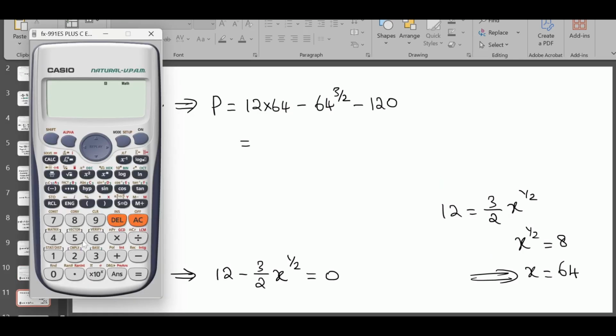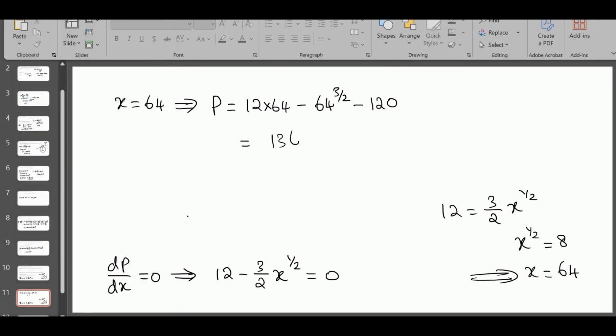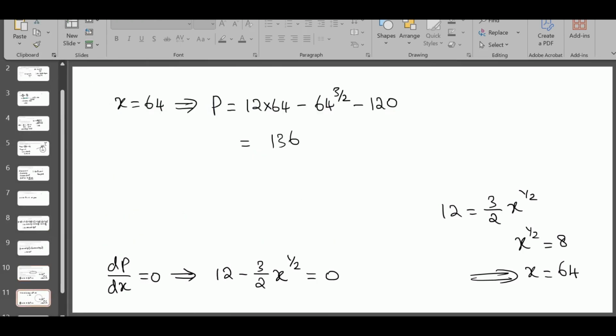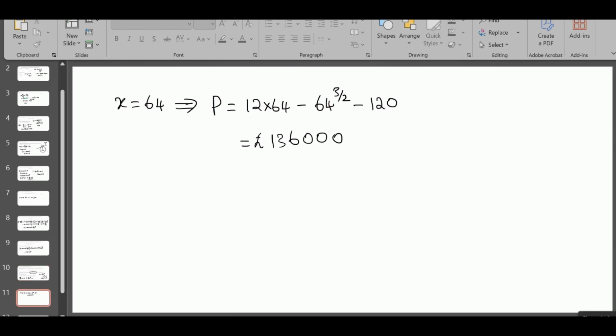Let's calculate this value. 12 times 64 minus 64 to the power 3 over 2, minus 120. 136. That's when you need to use a unit, thousands of pounds, so you multiply by 1000. That's the answer. That's the maximum profit.